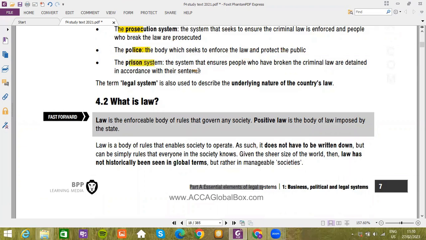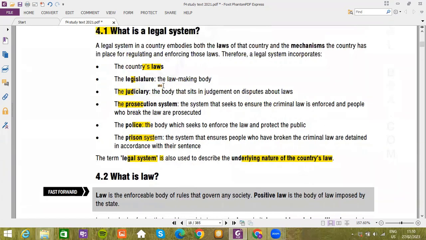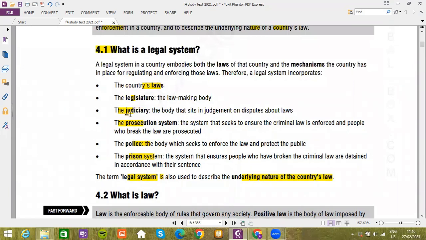The prison system, the system that ensures people who have broken the criminal law are detained in accordance with their sentence. The term legal system is also used to describe the underlying nature of a country's law. Very important, guys. And over here, we just learned everything from top.